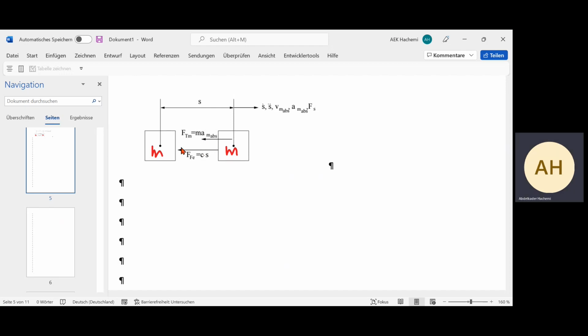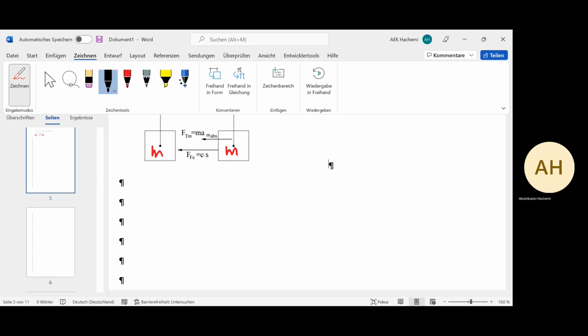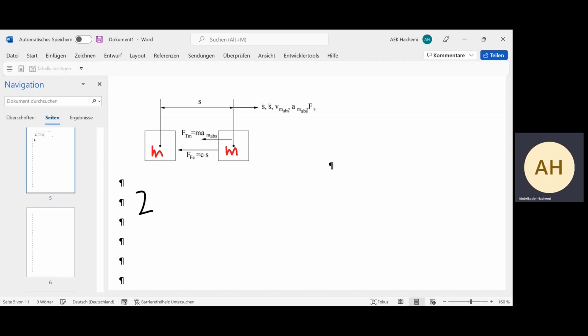Also, we have the spring force Fa, which is equal to C, the coefficient, multiplied by the position S. Now, if I make the equilibrium with D'Alembert, the sum of the forces Fe is equal to 0.